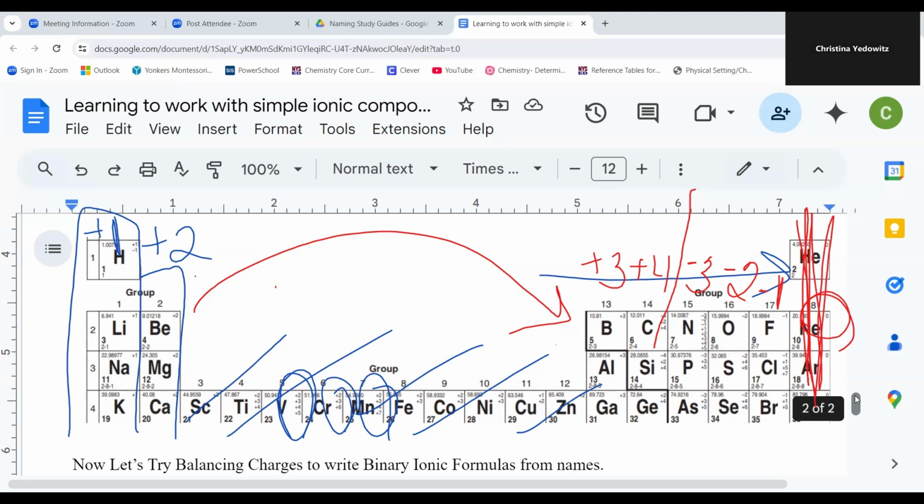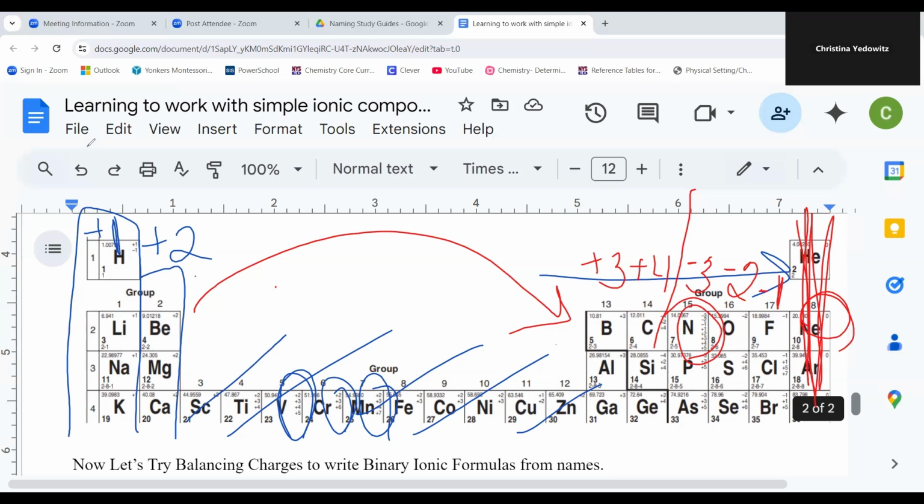Okay, so once you get these charges written down, +1, +2, +3, +4, -3, -2, -1, you're going to assume that in most cases, those are the charges these guys are going to pick up. Do you see how much easier that is than trying to look at this periodic table and figure out which one of those 8 charges you're supposed to be using? That can lead you down a lot of bad roads, trust me on this.